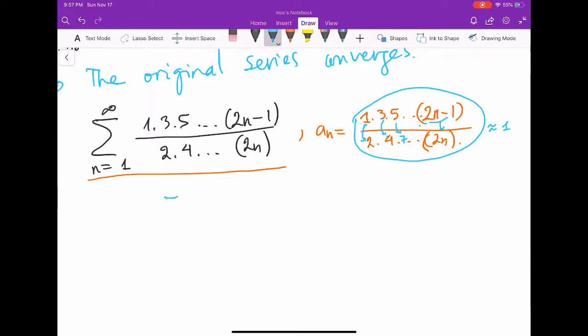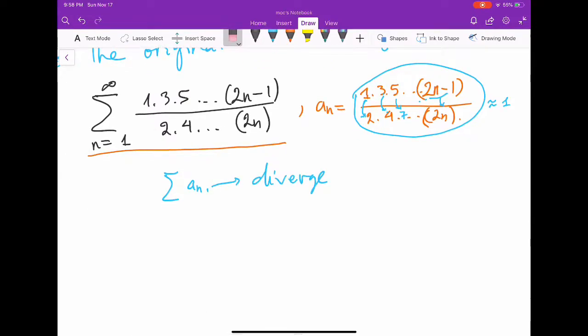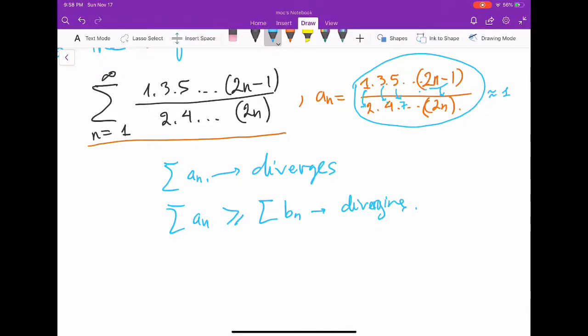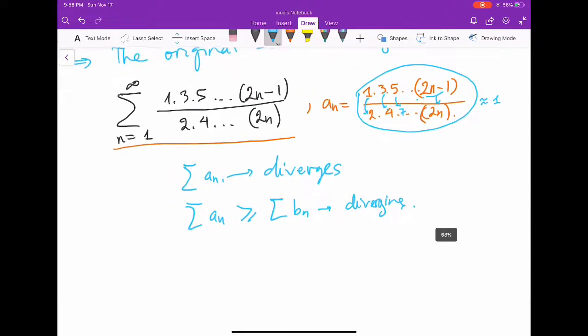So say here's the comparison: if you have some a_n and you want to show that a_n diverges, you need to prove that a_n is greater than or equal to some b_n which is diverging, right? So in this situation, a_n looks like this. So how to find b_n?